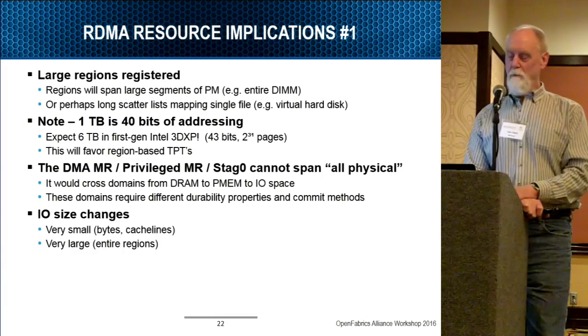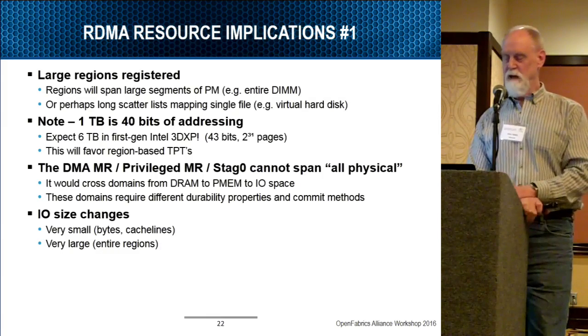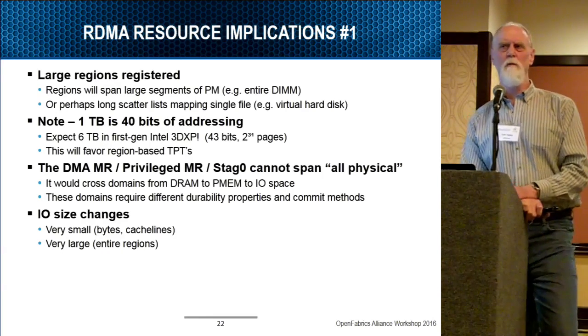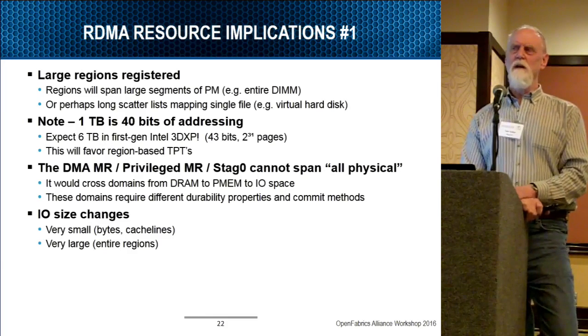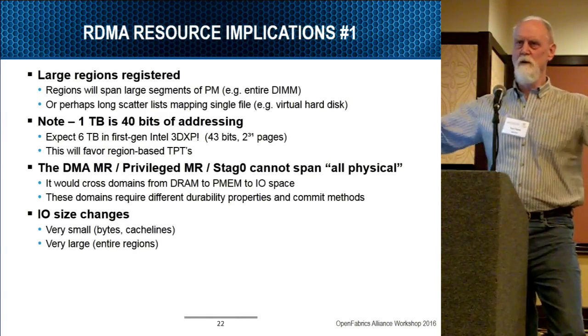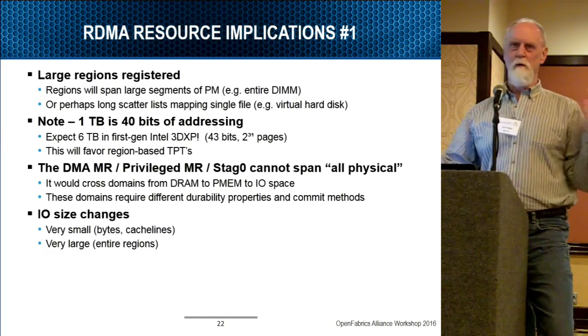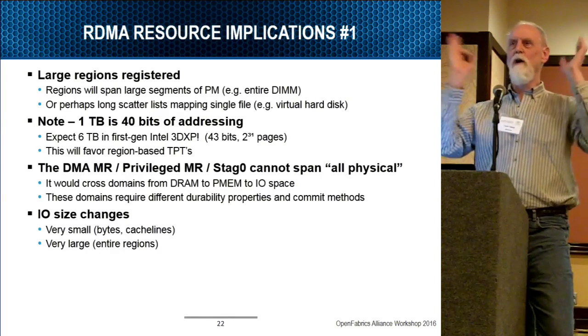The DMA-MR, privileged MR, S-tag 0, a lot of names for it, cannot span all physical memory anymore. The DMA-MR really won't mean what it said anymore. The DMA-MR used to just say, I want all the memory. I just want a map to all of physical memory. But now physical memory is not uniform, right? It used to be the worst you could have is a hole in it.